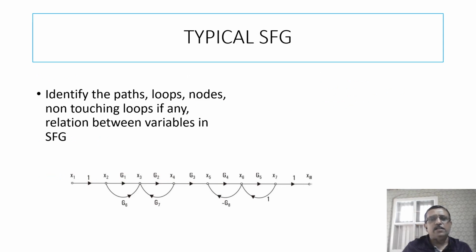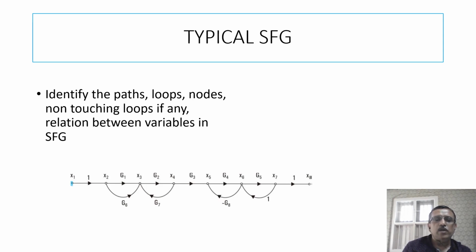So let us look at this example. Identify paths, loops, nodes, non-touching loops, if any, as far as the signal flow graph is concerned. So let us identify the path. How many nodes are there?